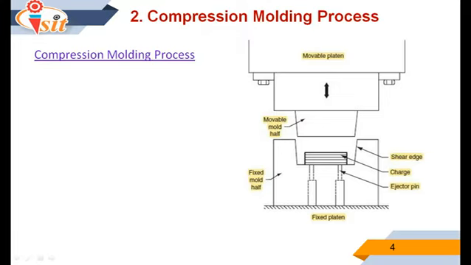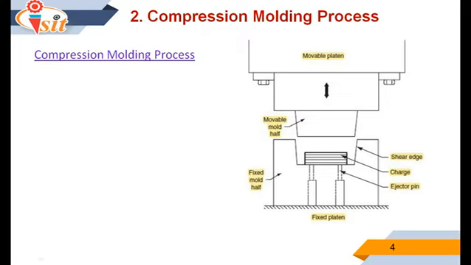So this portion is the movable molding portion, and this is the fixed molding portion. In between, we put our composite laminate sheet, and some sharp edges are provided to ensure proper application of the forces.